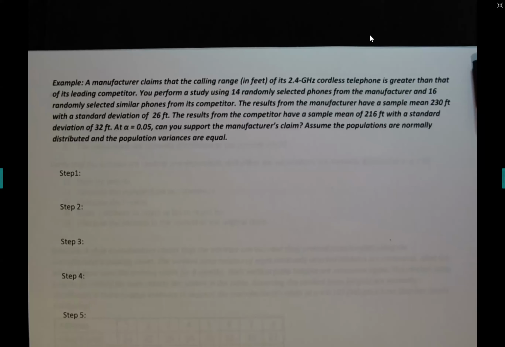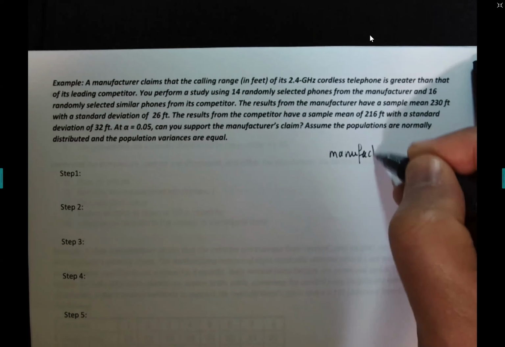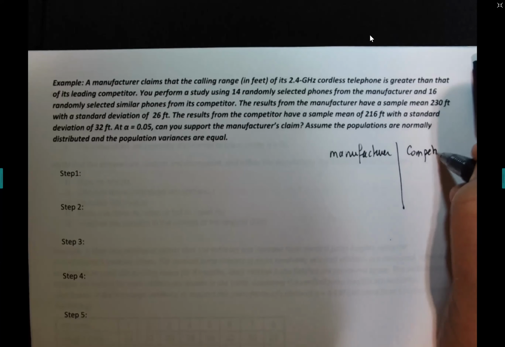Okay, let's read this together. A manufacturer claims that the call-in range in feet of its 2.4 gigahertz cordless phone is greater than that of its leading competitor. Look here, he didn't label them as 1 and 2, but you can start with the manufacturer as being number 1 and the competitor as being number 2. So I put manufacturer, and then I put competitor here.